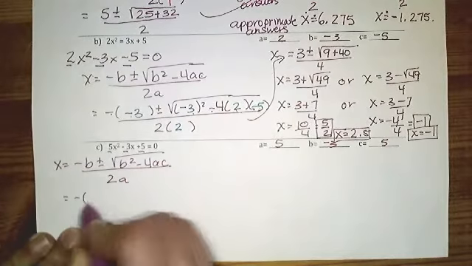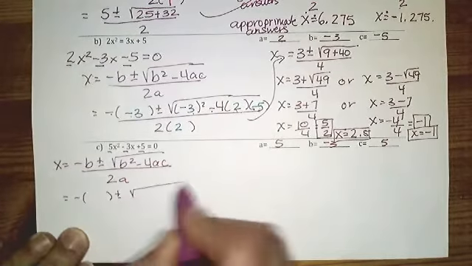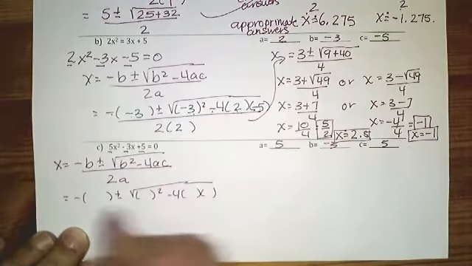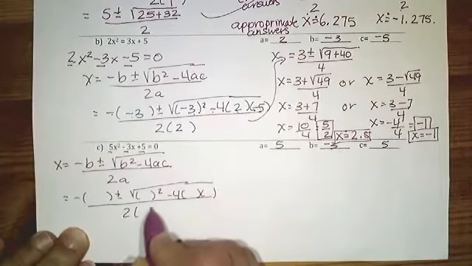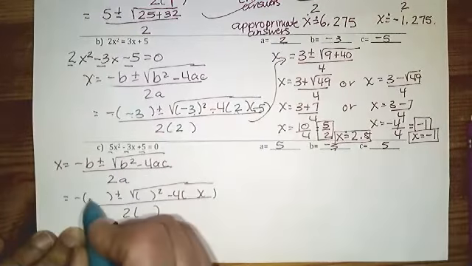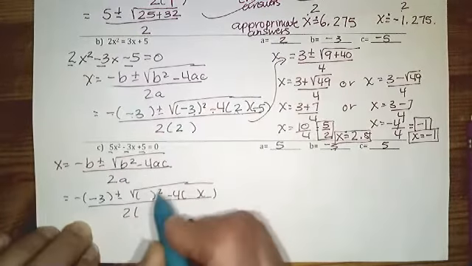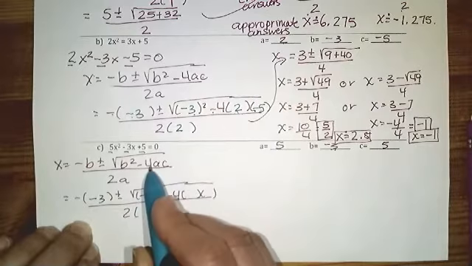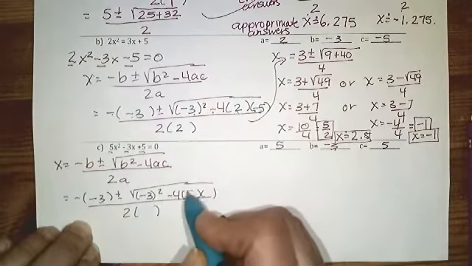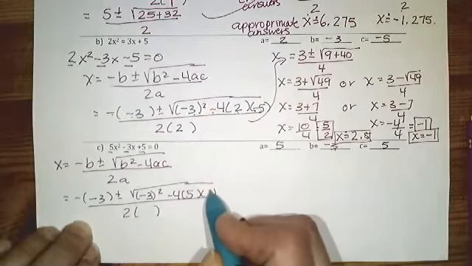So once again, wherever there's a variable, you'll be substituting into a bracket. Our B is negative 3. Subtract 4, A is 5. And C is 5.